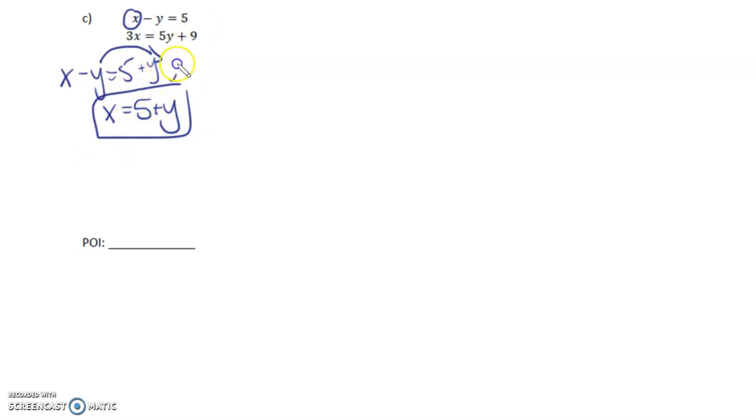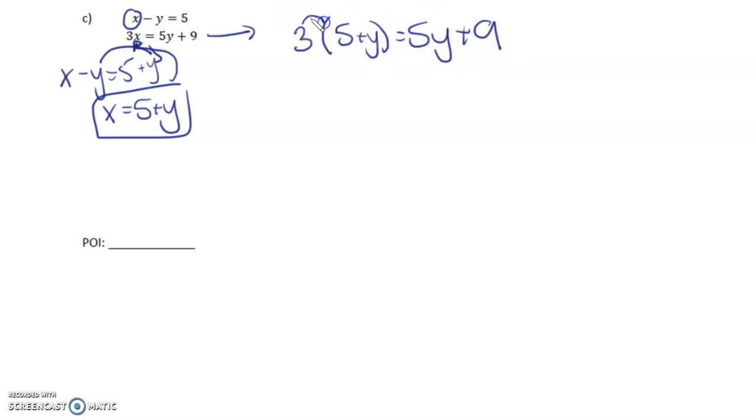Now we're going to take that and substitute it into the second equation. So let's rewrite this second equation. 3 bracket 5 plus y equals 5y plus 9. Distribute that 3 into the bracket, we get 15 plus 3y equals 5y plus 9. Let's take that 3y over to the other side.